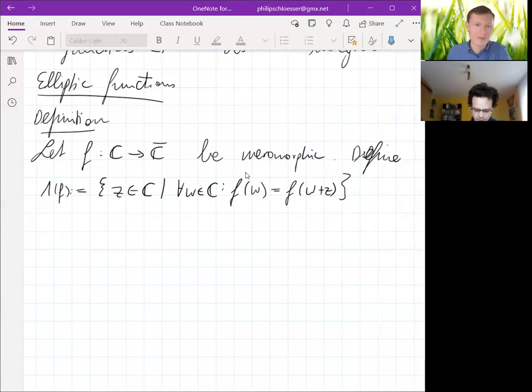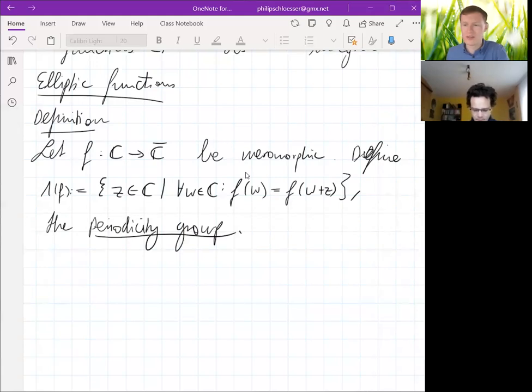And this is called the periodicity group. So it is the set of all periods that our function has.